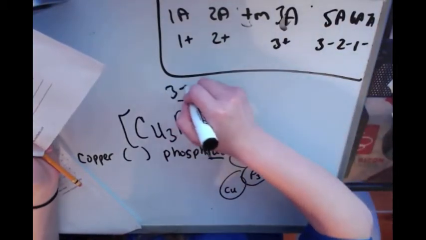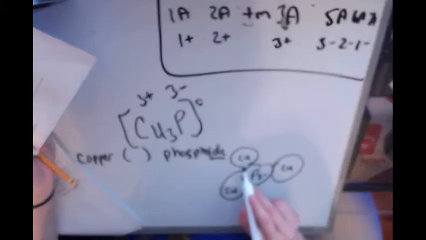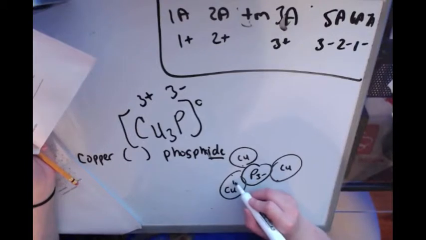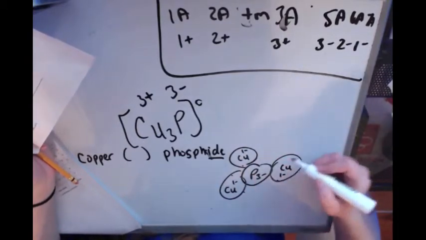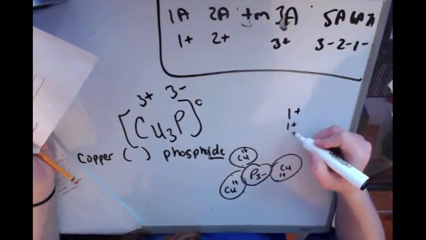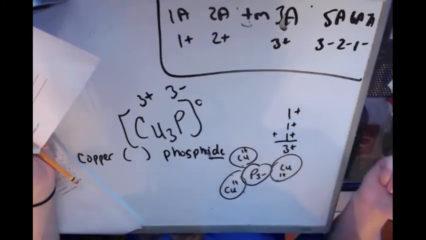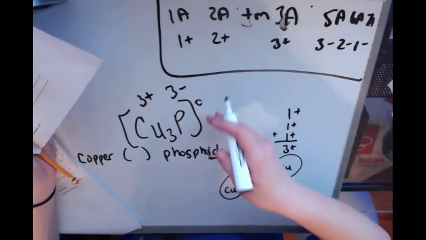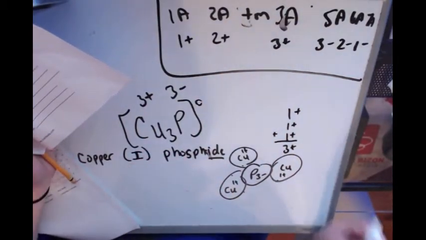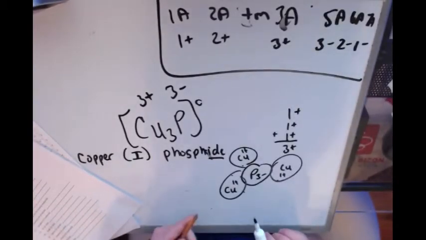So if this is 3 minus, and this has to equal 3 plus in total, what charge do we give these single atoms? Well, we give it a 1 plus charge, because there's 3 of them. So 1 plus, plus 1 plus, plus 1 plus equals 3 plus. So 3 plus and 3 minus gives a neutral ionic compound. So the charge we write here is Roman numeral 1. So we have copper 1 phosphide.